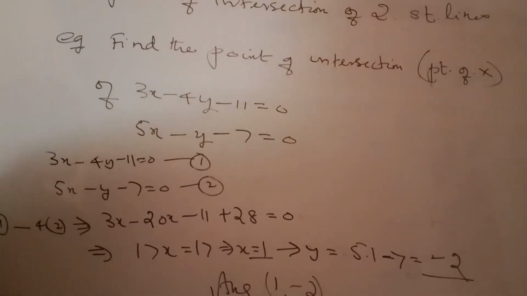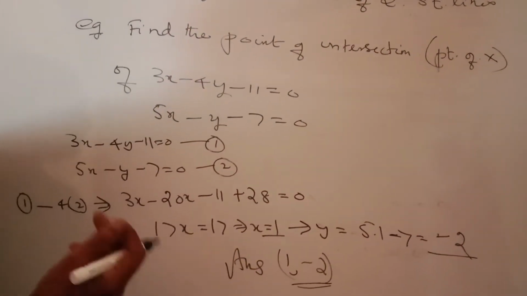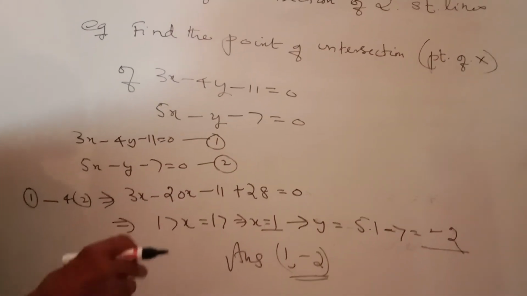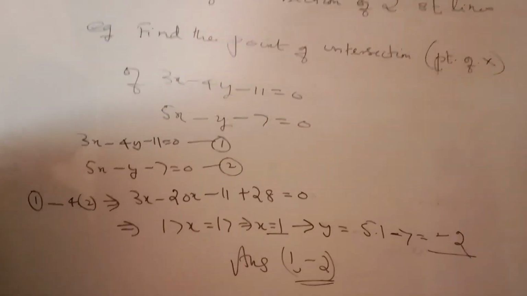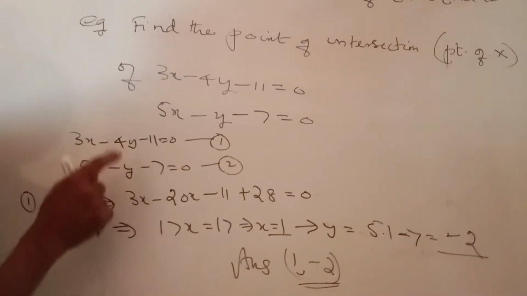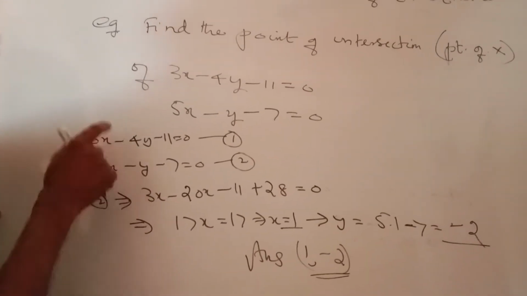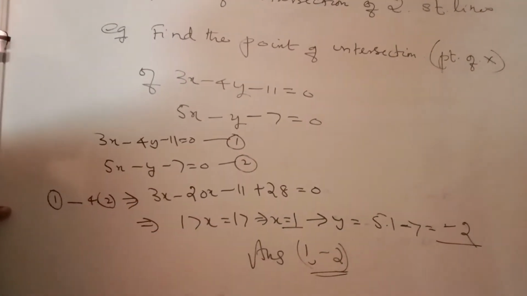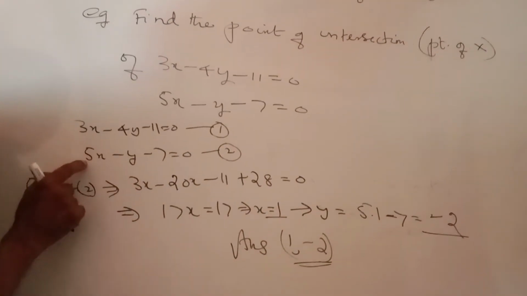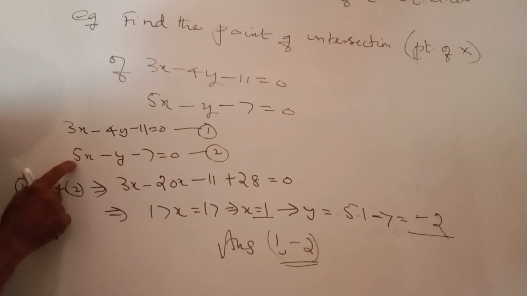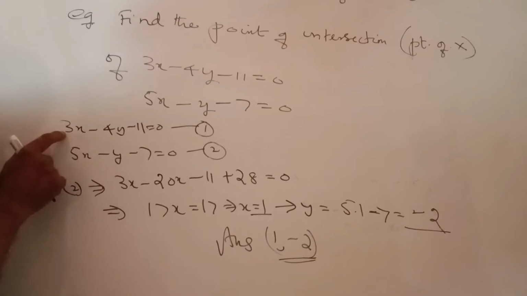Now the method is elimination. Elimination means killing. We have to kill x or y to get the variables. Now here, minus 4y. If you multiply by 4, you get minus 4y and subtract that, 4y, minus 4y, etc. go. Therefore, you multiply the second equation by 4 and subtract it from the first equation.